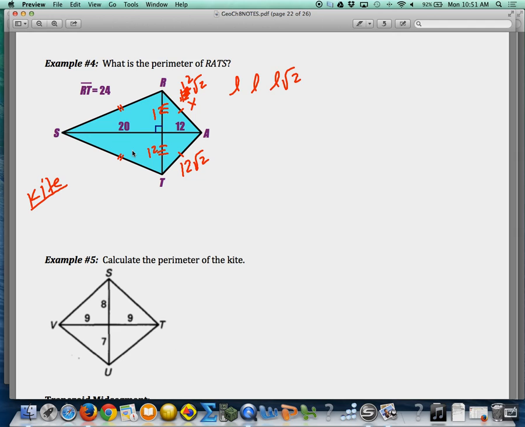How am I going to find ST now? Same thing. Special right triangles? What type of special right triangle is it? 45, 45? Really? I feel like that's wrong. Is this a 45, 45, 90 triangle? Could it be? Can anybody convince me, yes, this could, or no, this could not?